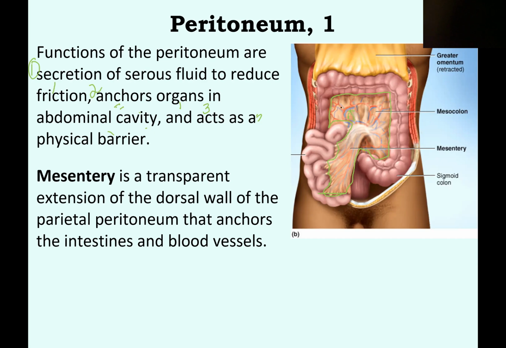You can see the large branching here. So all of this is the mesentery. Now in this picture, it doesn't look transparent, but in real life it is. And just because it's transparent doesn't mean that it's weak. So lots of dense tissue, collagen fibers. They're just organized so that they're transparent.